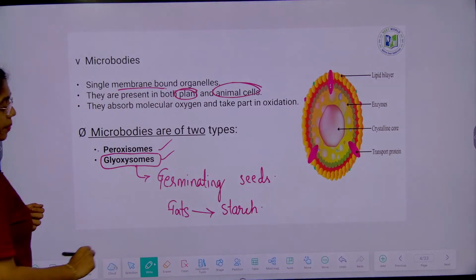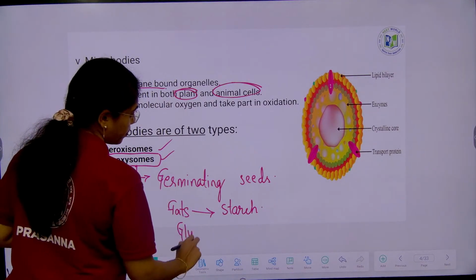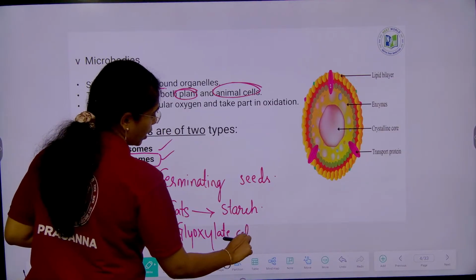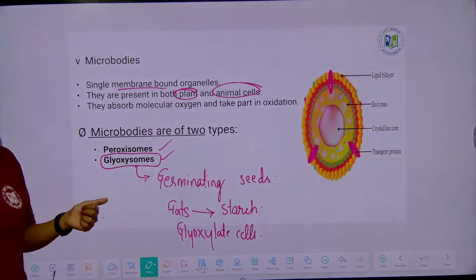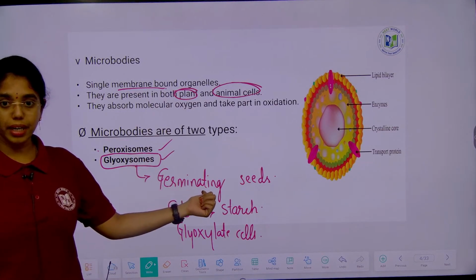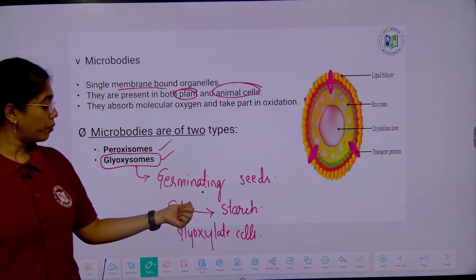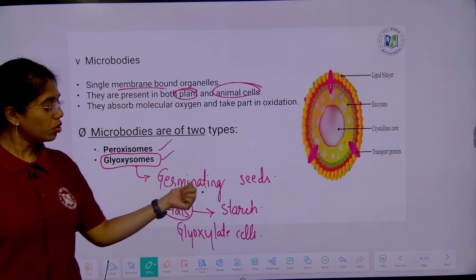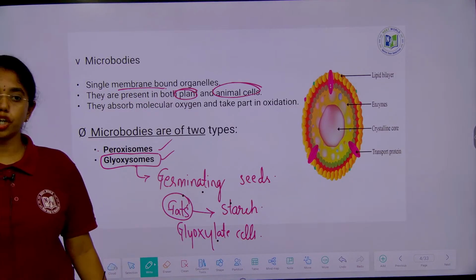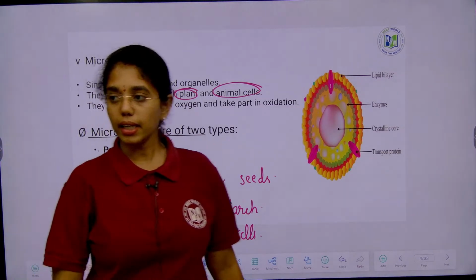Glyoxylate cycle. Okay. What are glyoxysomes? One specialized type of peroxisomes. They are present in germinating seeds. They are helpful in converting fats to starch through the glyoxylate cycle that operates in germinating seeds. Clear till here?